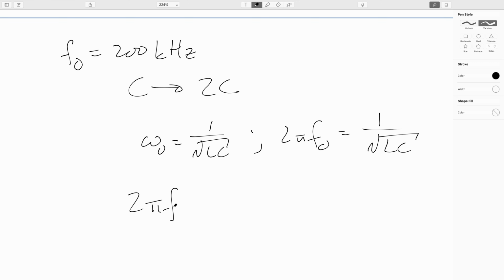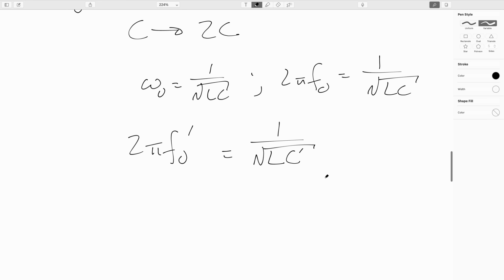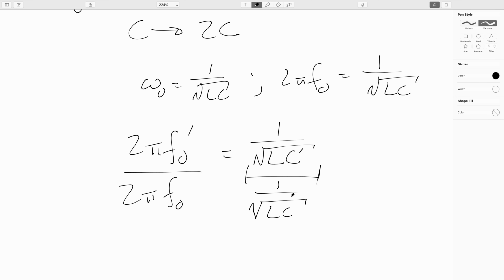So 2 pi times the new frequency will equal 1 over root, since the inductance doesn't change, we leave it the same, times the new capacitance. And we divide that by 2 pi times our old resonant frequency, which is 1 over root L times our old capacitance.